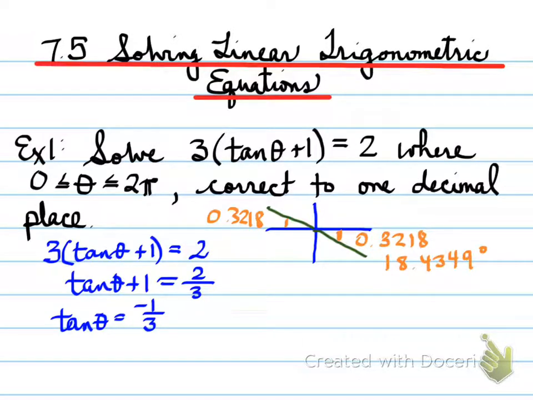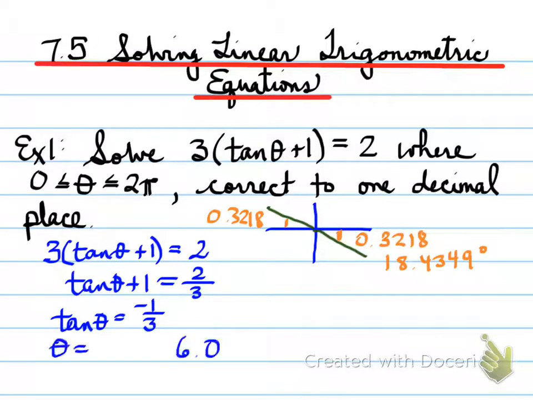Now, if you want to calculate it in degrees, you can, and then calculate the angle in degrees before you convert it to radians. That's acceptable too. It would be 18.4349 degrees, so 360 minus that, or 180 minus that.